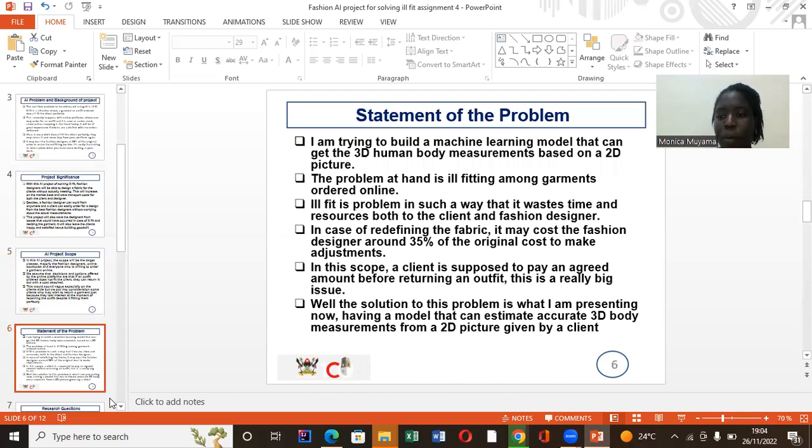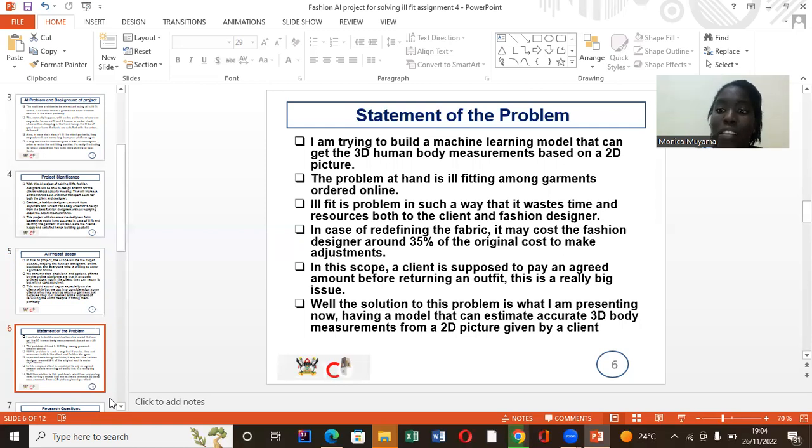And the statement of the problem. To answer this, I'm going to consider what I'm doing, what the problem is, why it is a problem, how it's a problem, and the solution to the problem. What I'm trying to do is to build a machine learning model that can get the 3D human body measurements based on a 2D picture. And the problem at hand here is ill fit among garments ordered online.